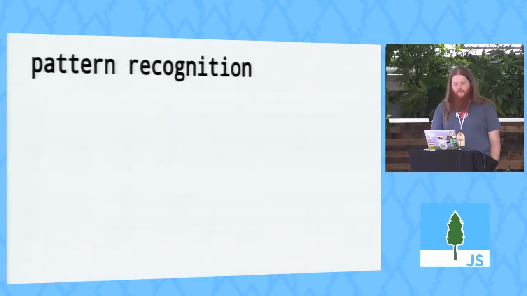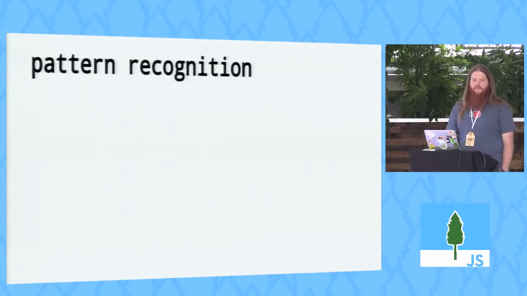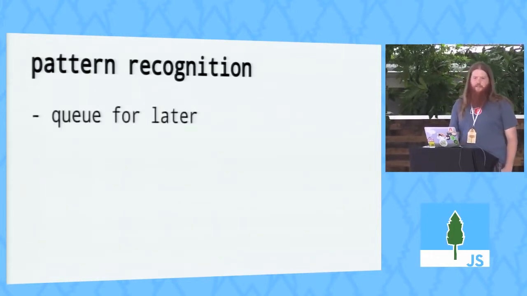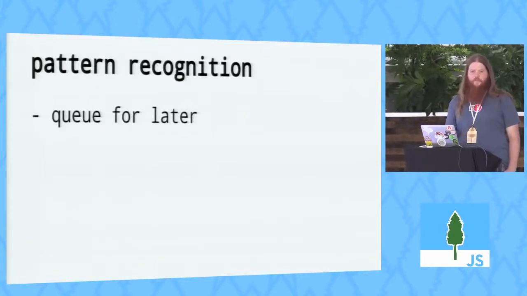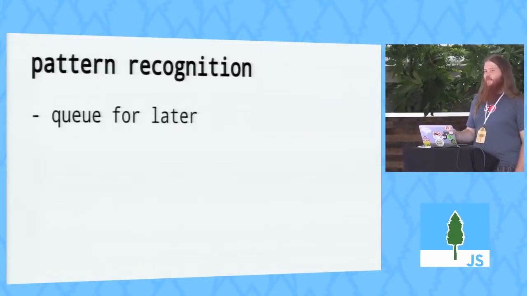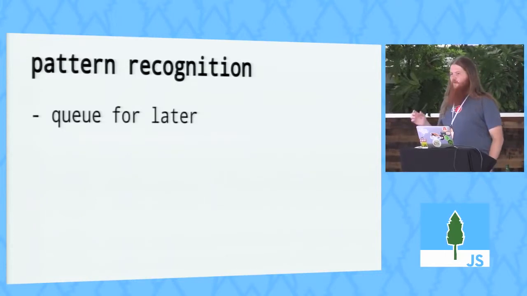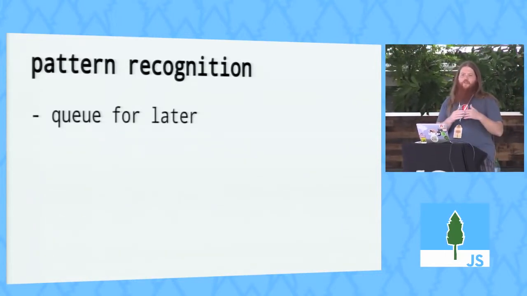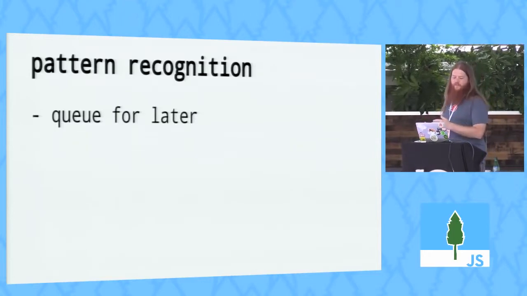One of the biggest things about fighting complexity is recognizing the patterns in your application. One I found was queuing for later. This is something you find in Google Analytics, pretty much anything where you have to load up a bit of JavaScript, and it's important that you catch everything that happens, but you can't process it until later.